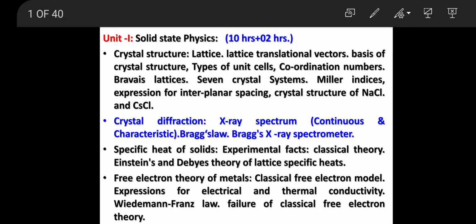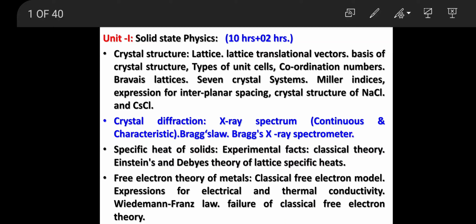In the second chapter, you have crystal diffraction and the X-ray spectrum, that is, bombarding X-rays onto a solid, what spectrum you are going to get, in which two types of spectra you will come across, continuous spectra and characteristic spectra.